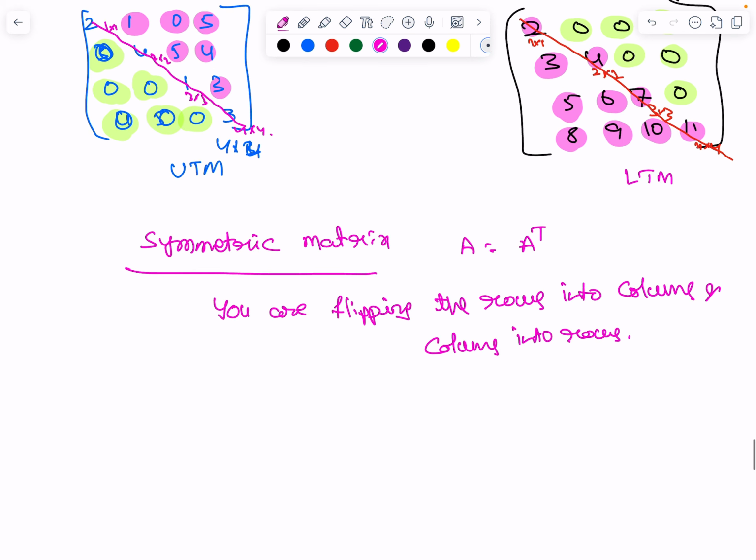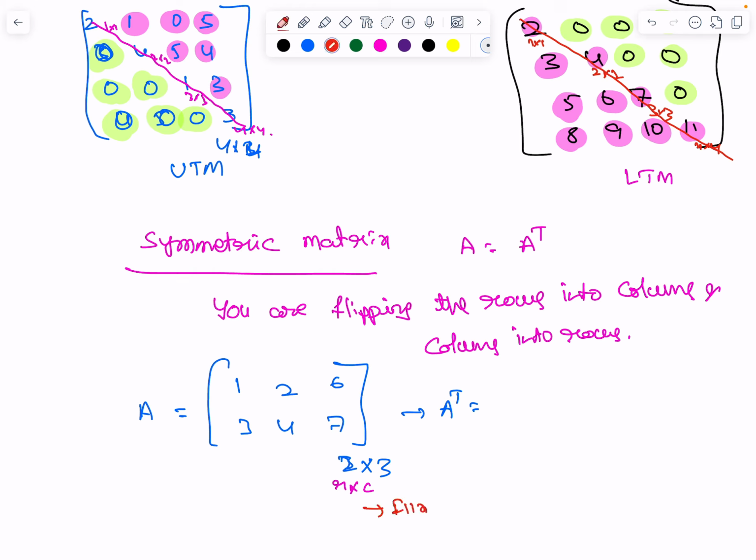Suppose you have a matrix 1, 2, 3, 4, 6, 7. This is a 2 by 3 matrix, 2 rows and 3 columns. Now you are writing A transpose. According to our definition, rows and columns must be flipped. So if you flip, these are columns and rows for A transpose.